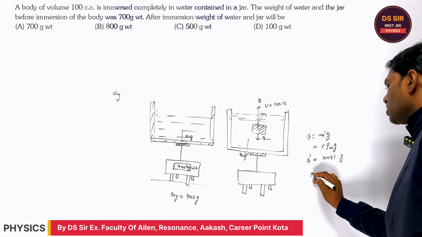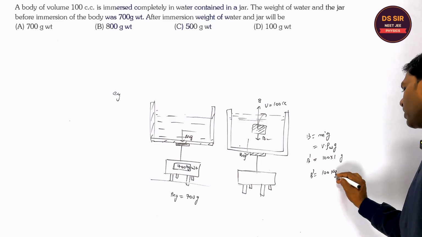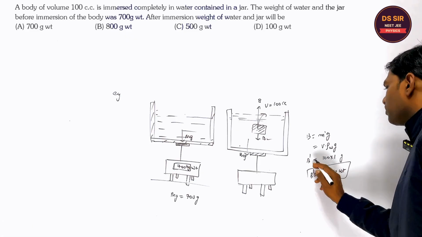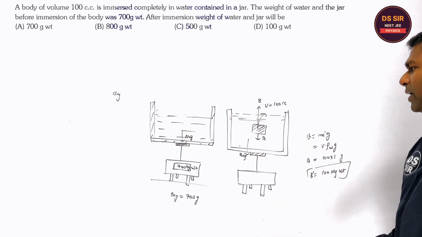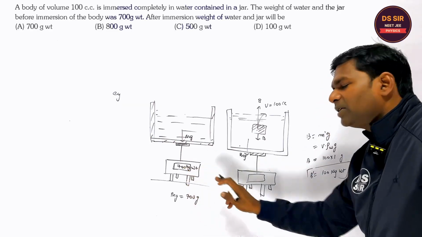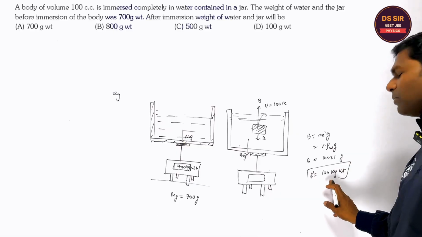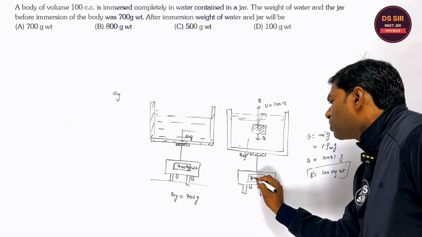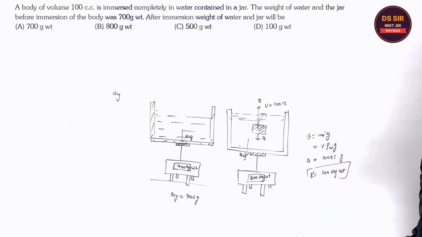So B dash is equal to, this is in Newton, or you can write kg weight. So this is the extra buoyancy force exerted by the volume downward. So what will be the reading? 700 kg weight already due to the weight of the jar and the water, plus the buoyancy force. So the reading will be equal to 800 kg weight. Is it clear or not?